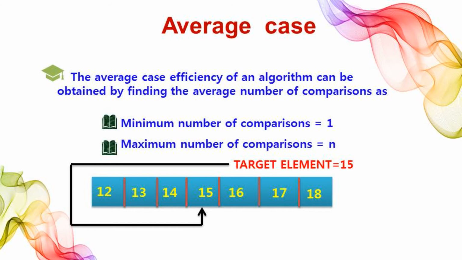The average number of comparisons is (n plus 1) by 2, and the average case efficiency is expressed as big O of n. Here the average case is when we search for an element in the list and find the middle element, so it is considered both best case and worst case. That is, the upper bound is equal to the lower bound.